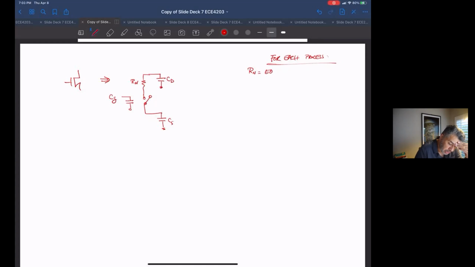Can't come up with a good word here, but let's call it equivalent for now. Equivalent resistance of NMOS for simple delay calculation.